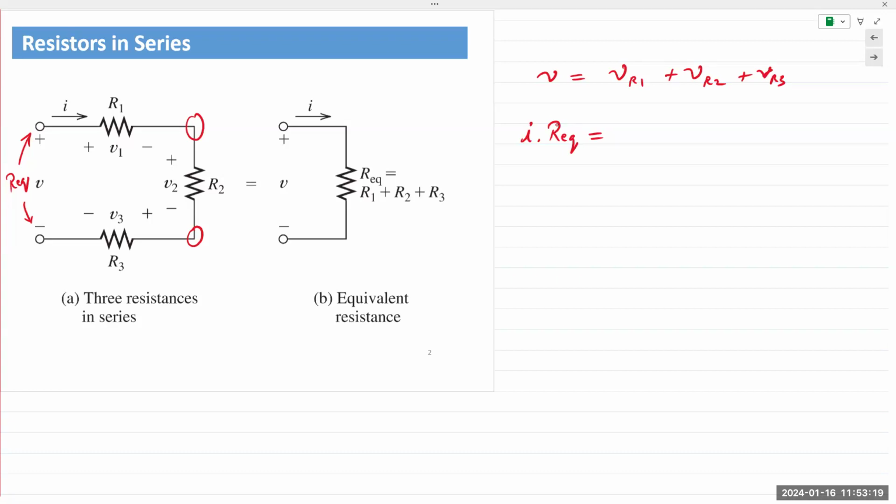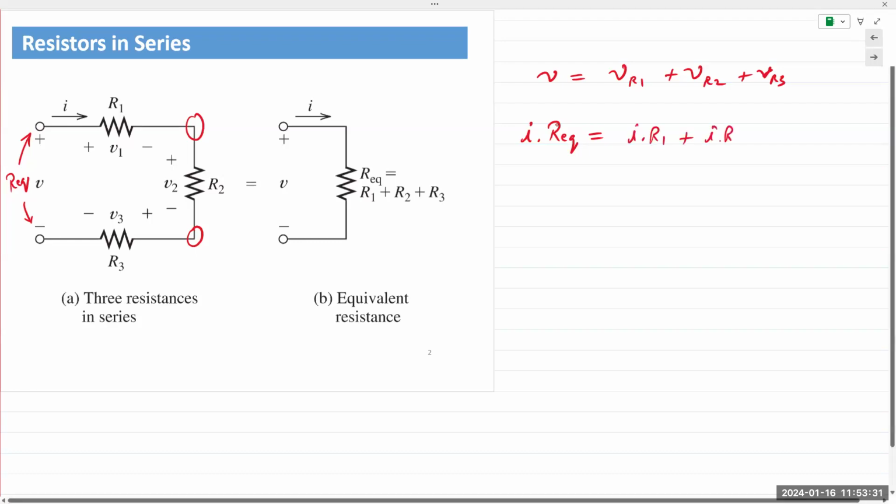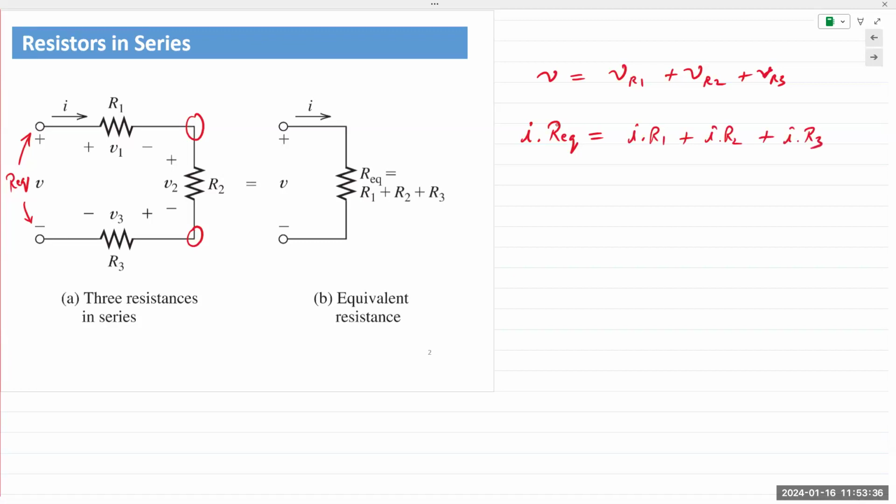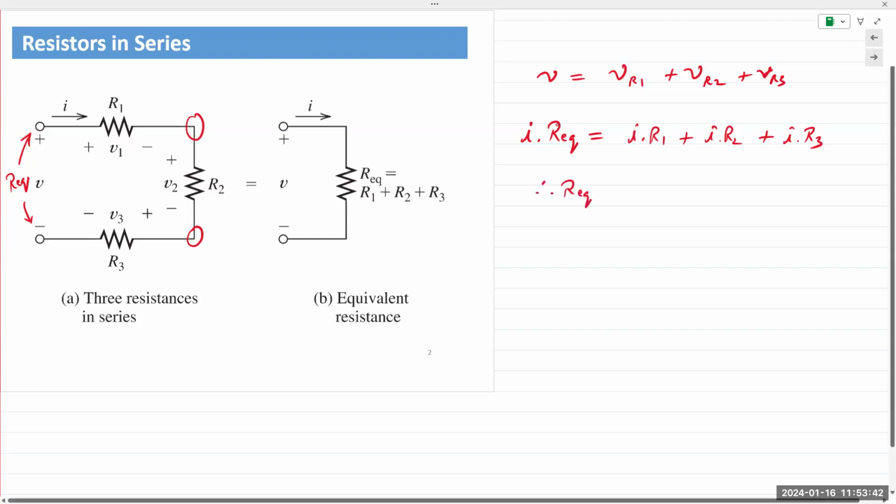Apply Ohm's law, I can get voltage V as the product of the current I and the total equivalent resistance REQ. VR1 is I times R1, VR2 is I times R2, and VR3 is I times R3. Take I outside, it cancels out. And you get REQ is R1 plus R2 plus R3.